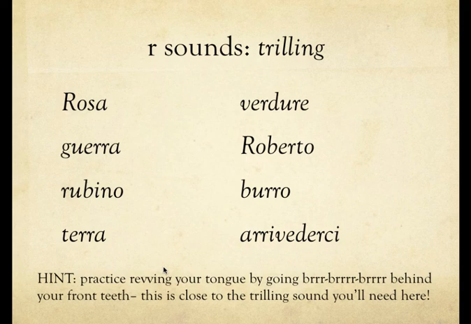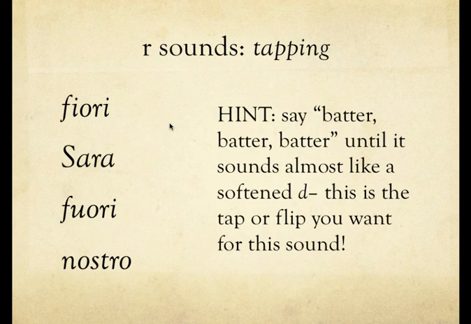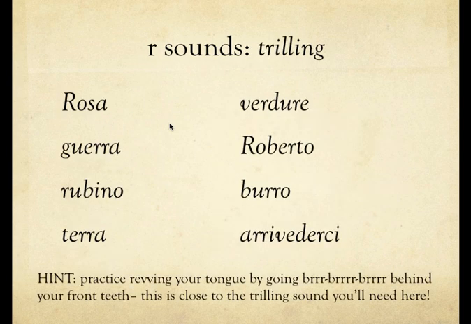The final sound we're going to look at is the R sounds. There's a trilling R and a tapped R. Okay, so let's look at the trilling R first. This is one that some people have trouble with, particularly those who are native English speakers or who come from a language that does not have these rolling R's.